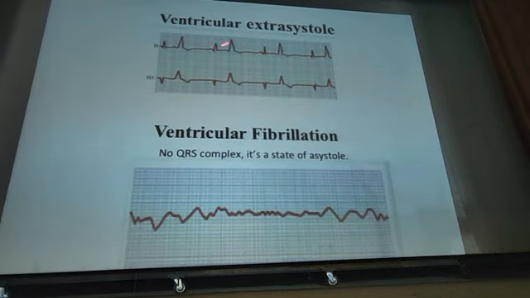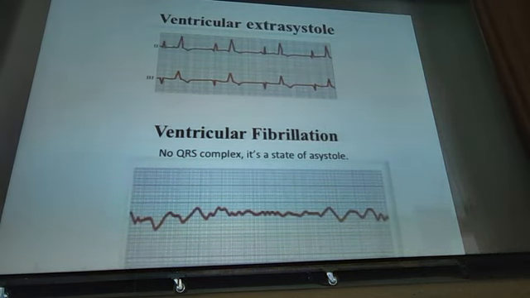These are all extrasystoles, ectopic beats. Sometimes stress will cause one ectopic or a few ectopics.